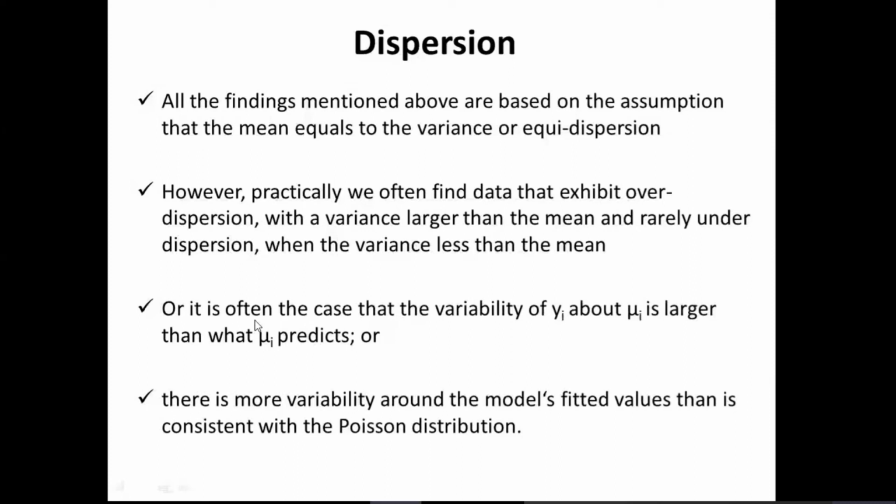Right, so now one important issue that you should consider when you deal with Poisson is dispersion. For example, when you deal with linear regression, the line assumptions are very important: the linearity, the independency, the normality and the equal variance are the 4 assumptions, and we also have other additional assumptions.